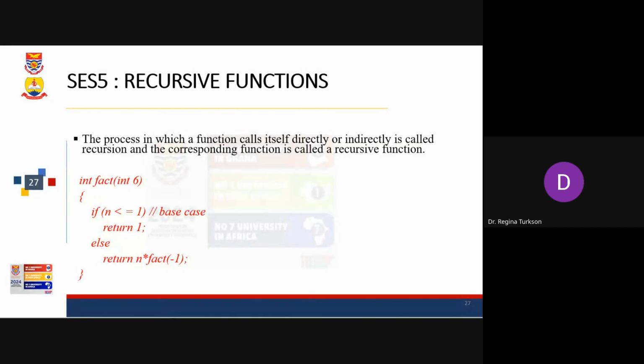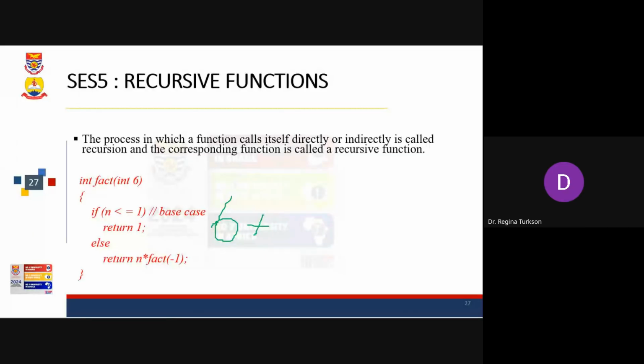Our n was 6, so n minus 1 will be 5. So we have 6 times factorial of n minus 1. Don't write 5, just write factorial of n minus 1, and factorial of n minus 1 is 5 factorial. Are you following to this point? Yes, Doc.